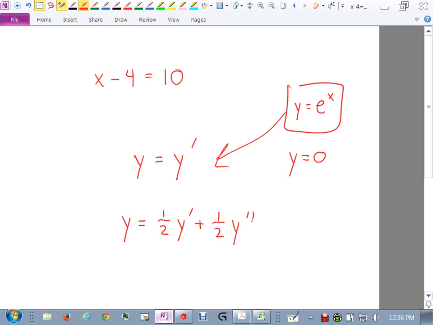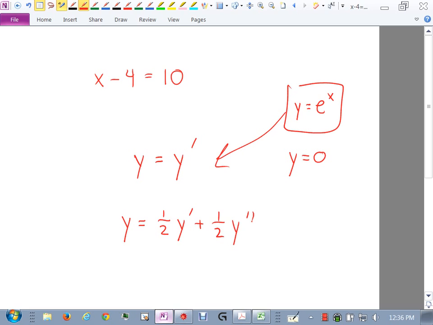Would that work again, e to the x? E to the x, is that equal to, what's the derivative of e to the x? Itself, half of e to the x plus, what's the second derivative of e to the x? E to the x. I'm just making simple differential equations here. But you can see that they're equations that involve derivatives, and you're trying to find the y that satisfies the equation.